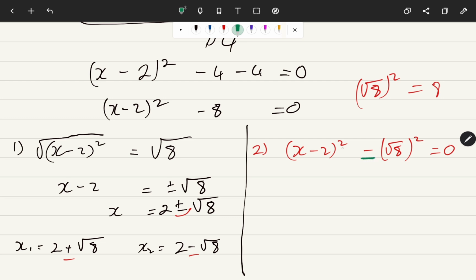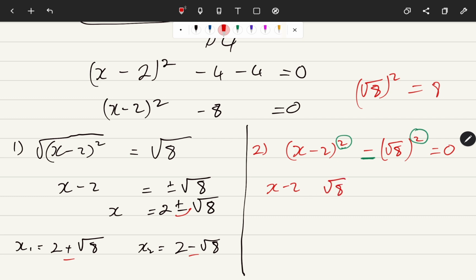Now you realize you have a subtraction, squared numbers. What is this? Difference of 2 squares. And how do we factorize difference of 2 squares? We say the first one, x minus 2, and then we have square root of 8.